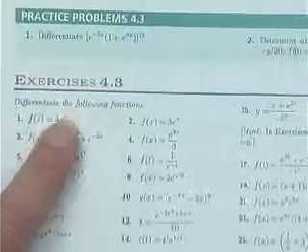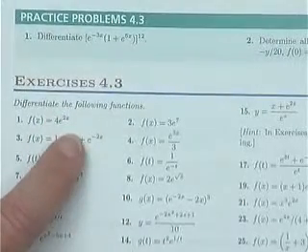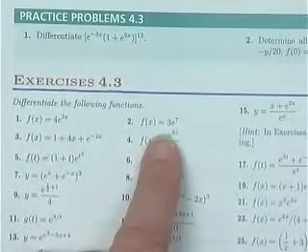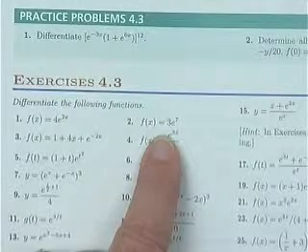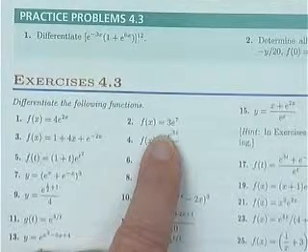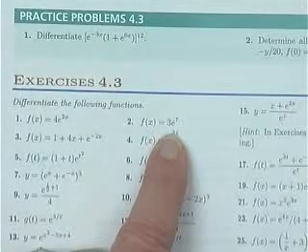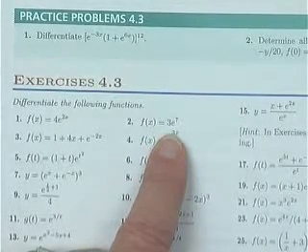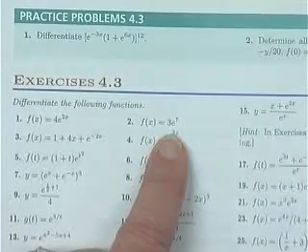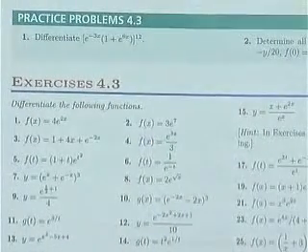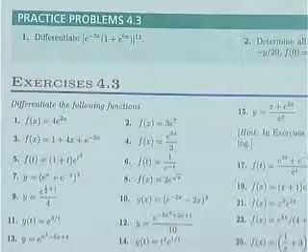So 4e to the 2x times 2. What's the answer to number 2? Say it loud. 0. Why is the answer to number 2 0? It's just a constant to start with. All right, so pick one. Let's do it together. Number 10? All right, number 10 is good.